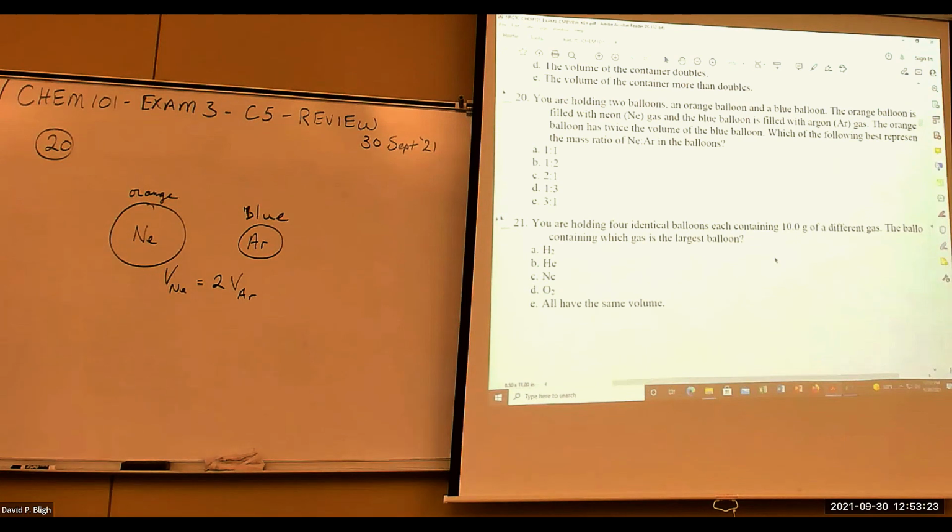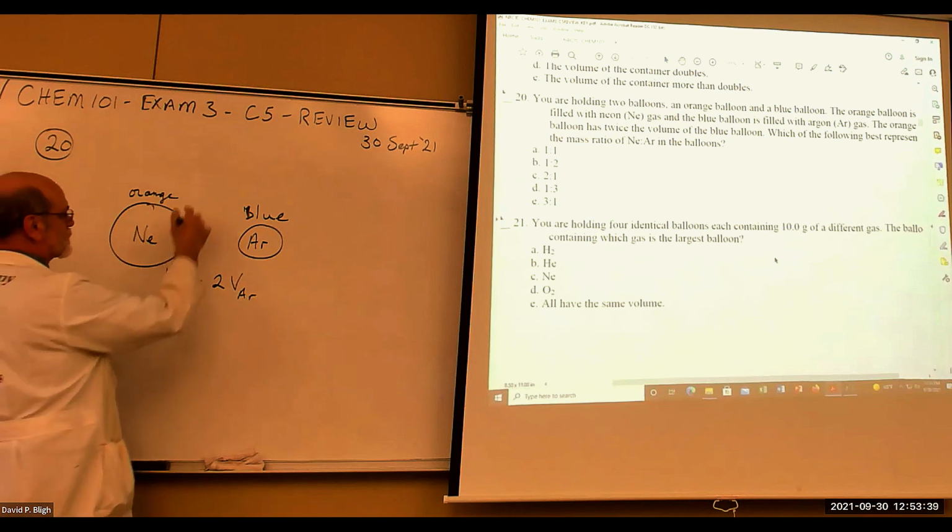What else do we know about these? Okay, it doesn't tell us in this problem. So here's a case where we have to assume that the temperatures are the same.